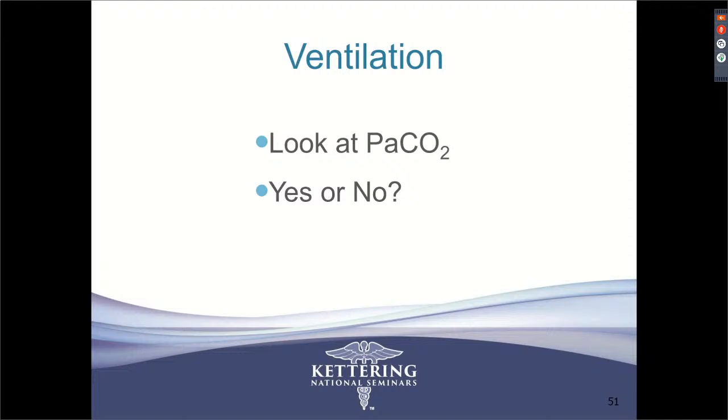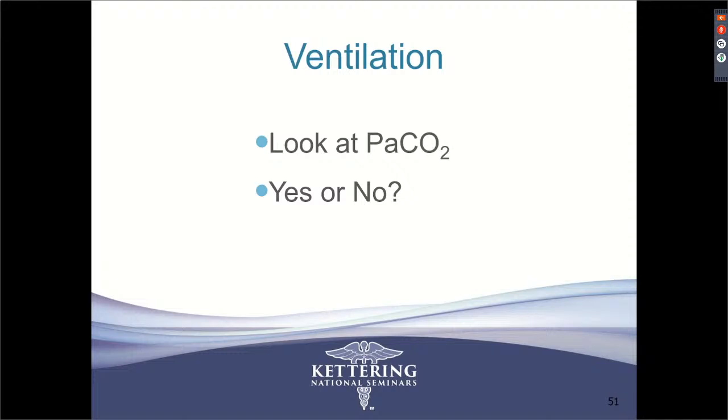You see here on the left-hand side, it says that if we have a CO2 on the test between 35 and 45, we're going to consider that to be normal ventilation. And our response to that is we're not going to change any ventilation settings. We're not going to put the patient on a ventilator, all right, if they've got that 35 to 45 CO2.